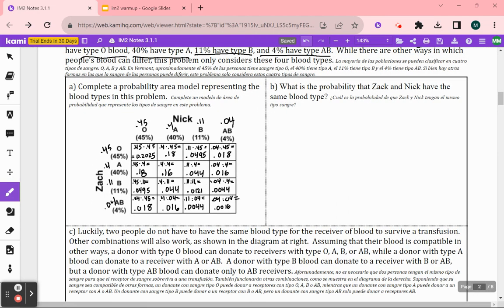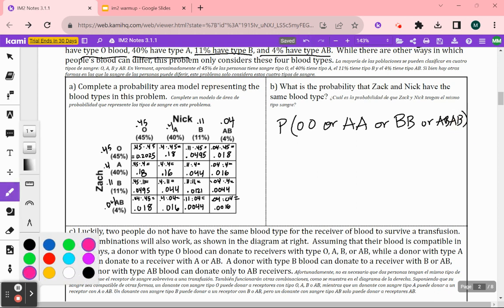Okay, what is the probability that Zach and Nick have the same blood type? So that would be the probability of us having OO or AA or BB or AB. Where do those happen? OO is right here.